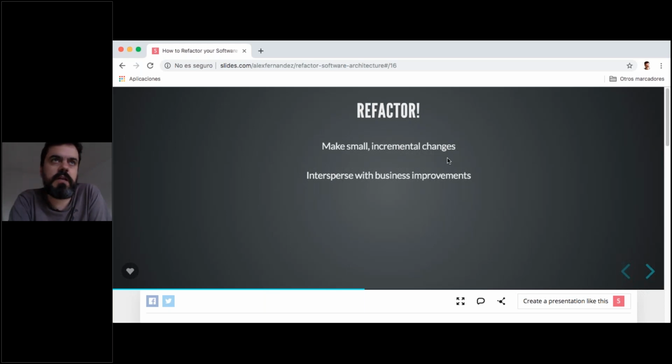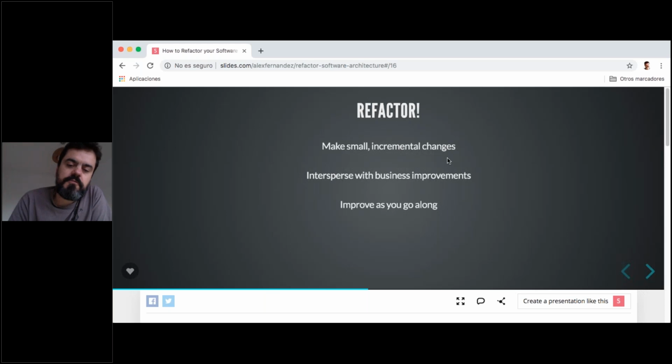So what you can do is intersperse technical improvements, architectural or infrastructure improvements, with business improvements. You can have two teams working in parallel if you have enough people, or just make people change and do some technical improvements and then some business requirements. This will keep the business people happy and also the technical people happy.